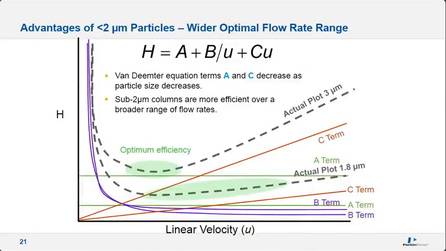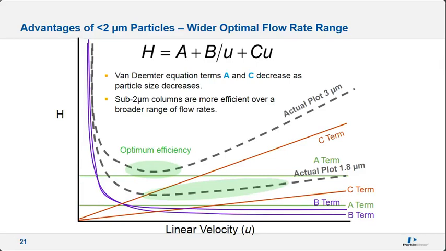As I have mentioned earlier, there are some significant advantages to going to smaller particles, particularly sub-2 micron particles, and the factor that we're able to operate at a wider optimal flow rate range.